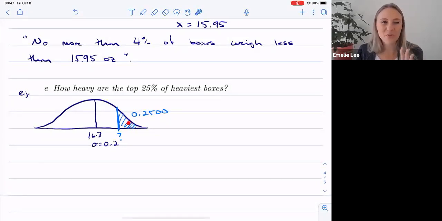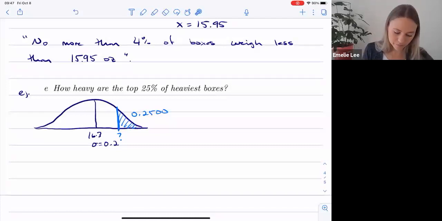You could say, okay, well, the Z score that I want is actually going to be the positive version of the Z score on the lower end with an area of 0.25, right? You could do that. Or what I prefer to do usually when I start is, well, if I have 25% in the upper end, I must have 75% in the lower end.